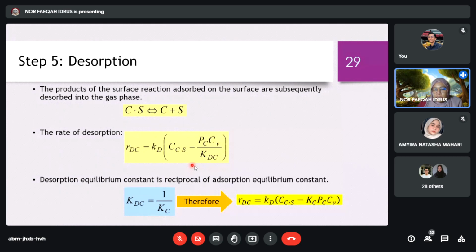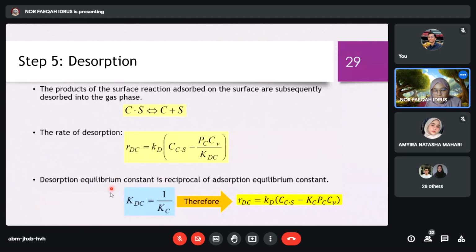And this equilibrium desorption constant, we can relate it with the thermodynamic, with the adsorption equilibrium constant. Why? Because desorption equilibrium constant is reciprocal of adsorption equilibrium constant.